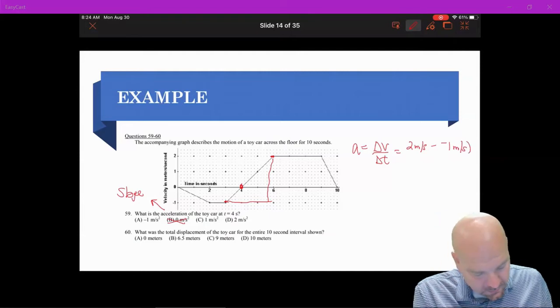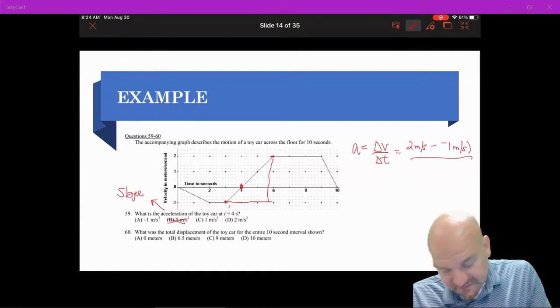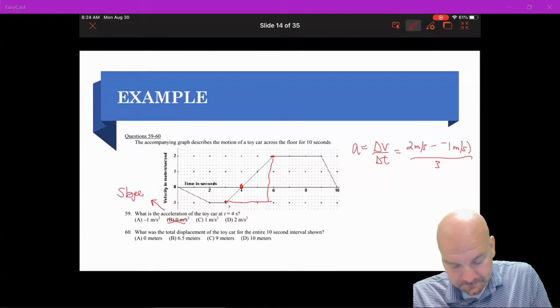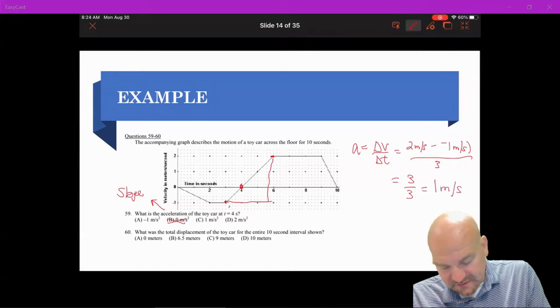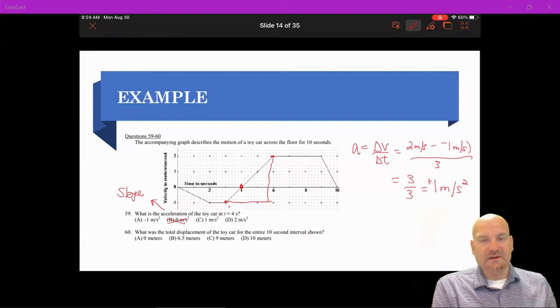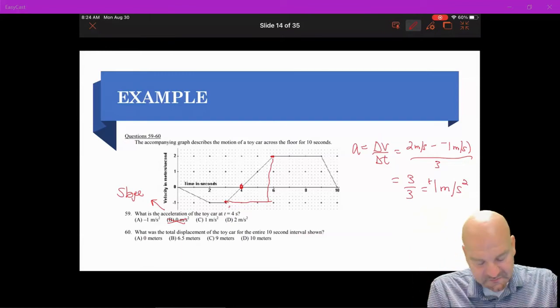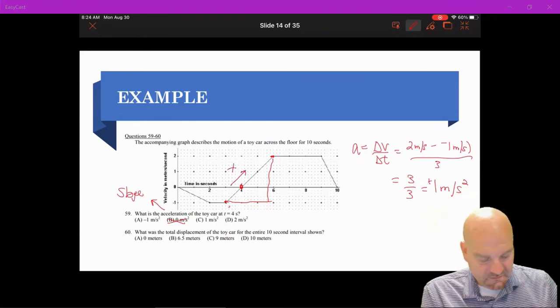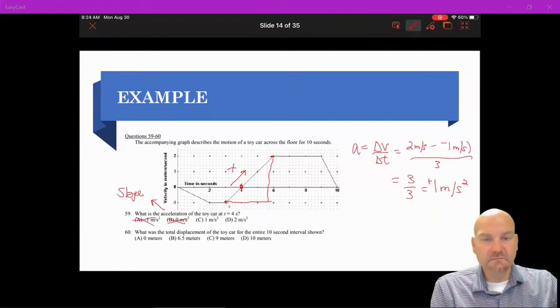And then I'm doing this all in 1, 2, 3 seconds, okay? And so 2 minus -1 is 3, so it's 3 over 3. So it's going to tell me that my acceleration is a positive 1 meter per second squared. We know this is a positive acceleration because my slope is positive, right? So I have a positive slope. So anything with a negative, I can cancel out, okay?